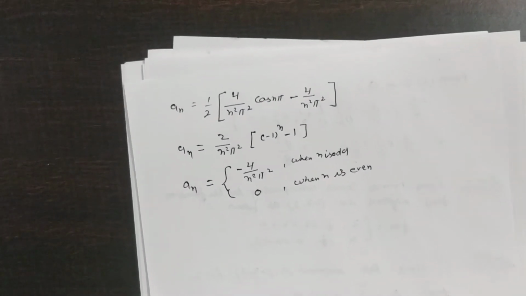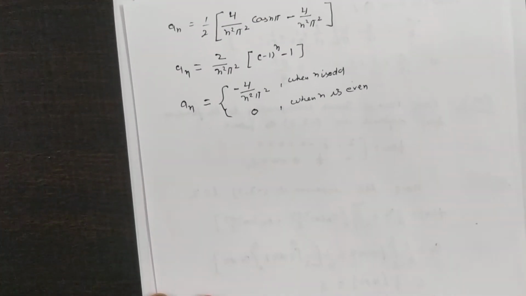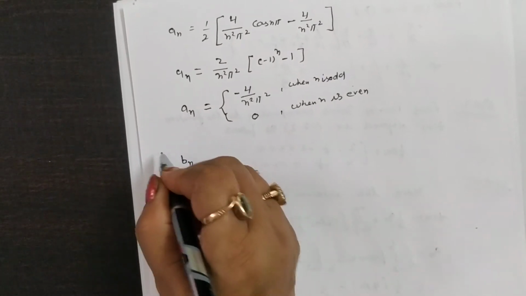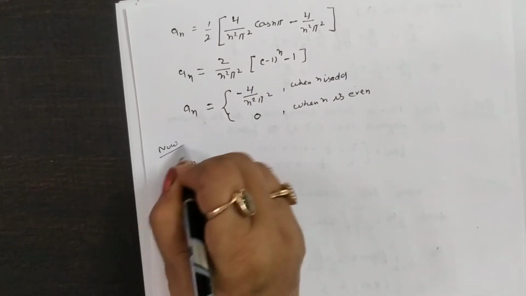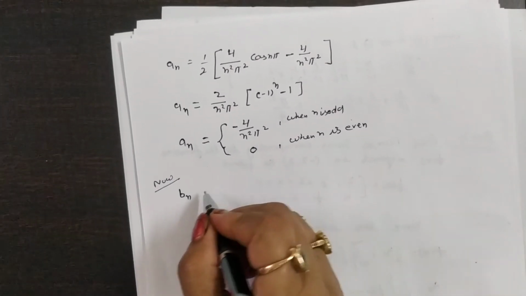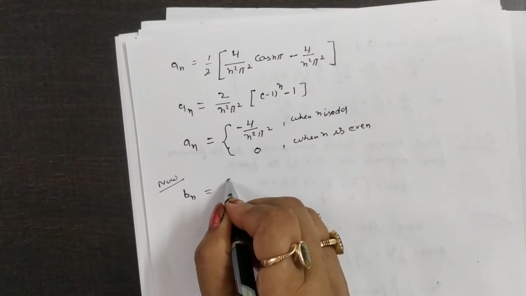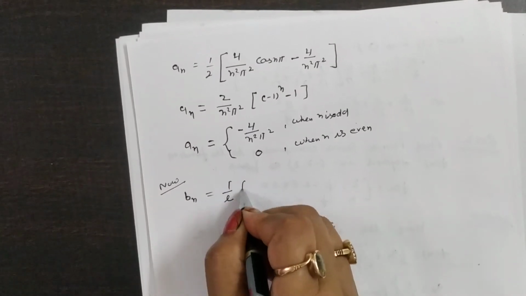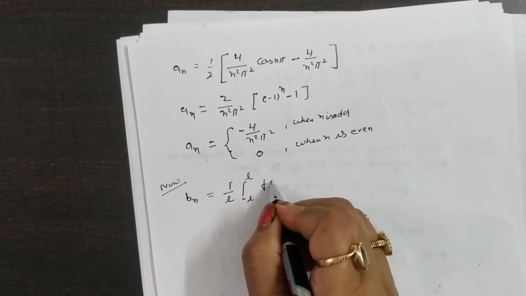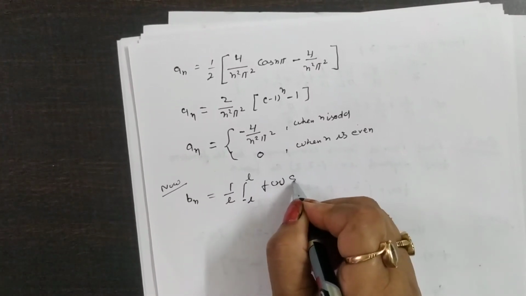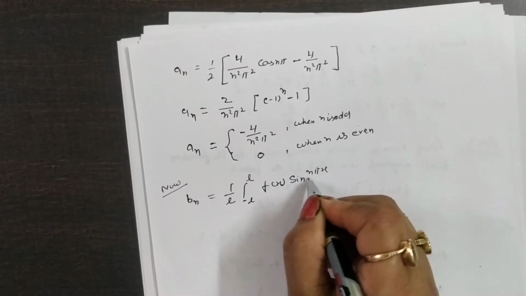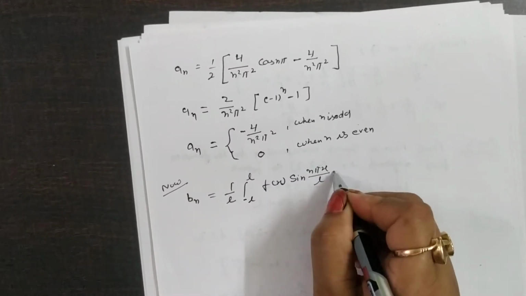Okay, now in the same way we have to obtain the value of bn. For bn, you know from the definition that bn is equal to 1 by L, integral from minus L to L, f of x sine n pi x by L dx.